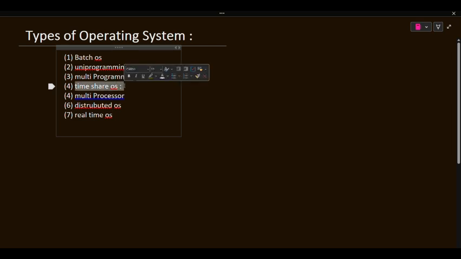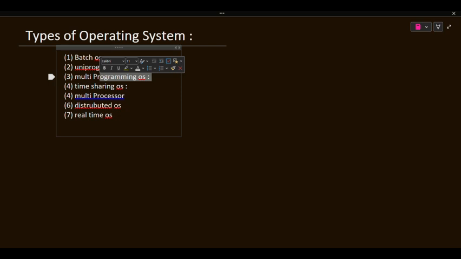Time sharing operating system is similar to the multi-programming operating system, but here they introduce the ability of preemption of a process. What is meant by preemption? Preemption is the ability to come out of the execution of the CPU after some particular time.